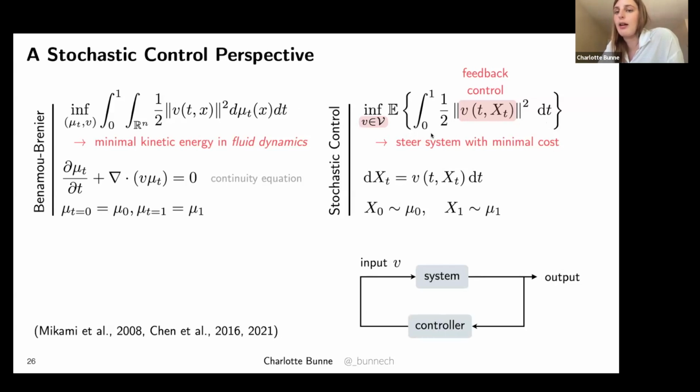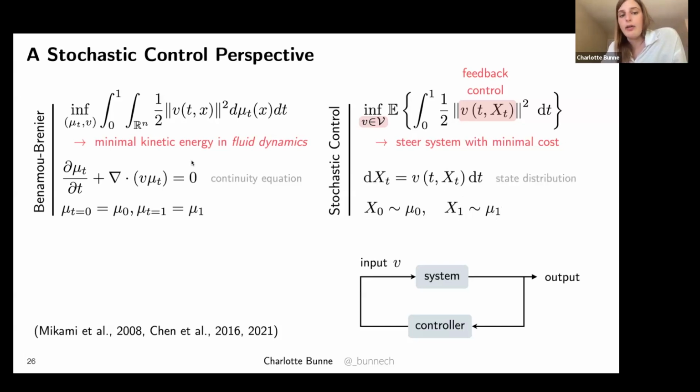Here I again have my notion of cost. And now I'm looking for the vector field that constrains or satisfies my mass conservation constraints, such that my state distribution x0 coincides with marginal mu0 at time point 0, and my state distribution x1 coincides with the marginal mu1 at time point 1.